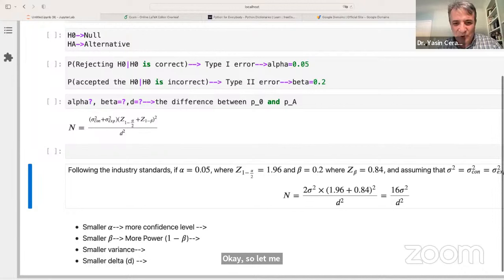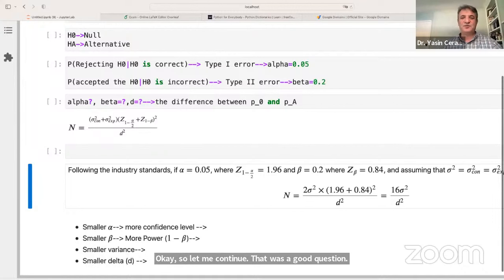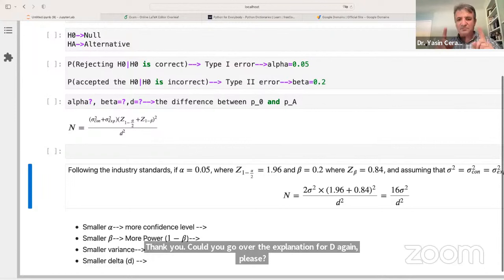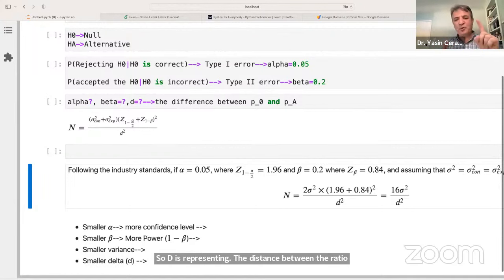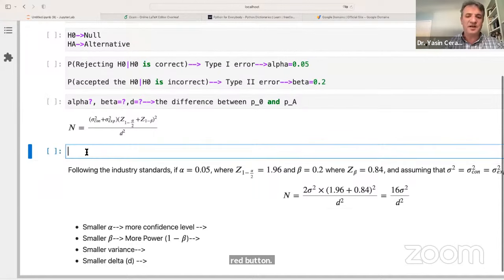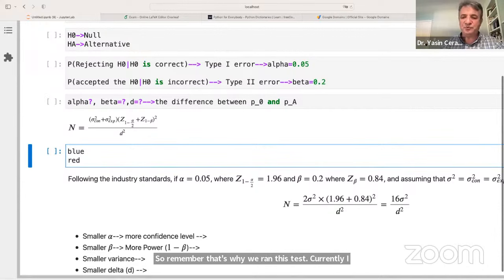Thank you. Could you go over the explanation for D again, please? So D is representing the distance between the ratio of people who clicked on the blue button, which is the current case, versus the ratio of people who clicked on the red button. So remember, that's why we ran this test. Currently, I have blue color on the buttons, but I want to change this to red.